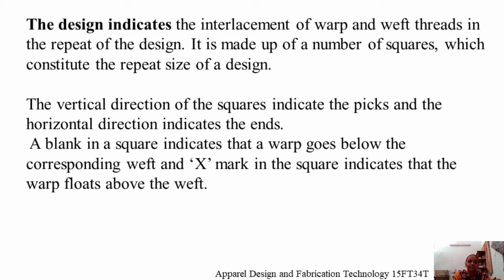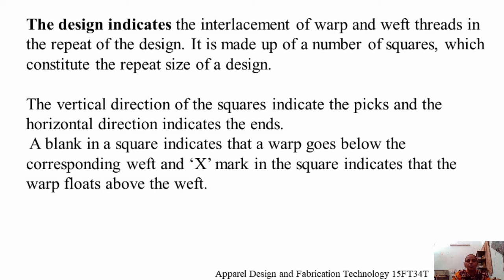A blank in a square indicates that a warp goes below the corresponding weft, and an X mark, a cross mark, in the square indicates that the warp floats above the weft. So what does a blank in the square indicate?